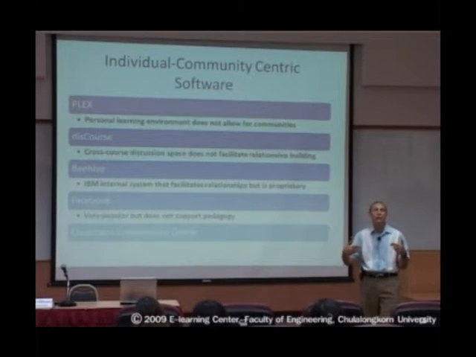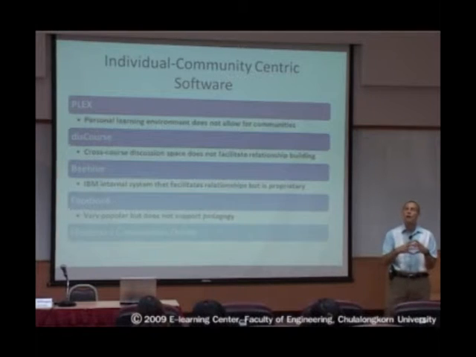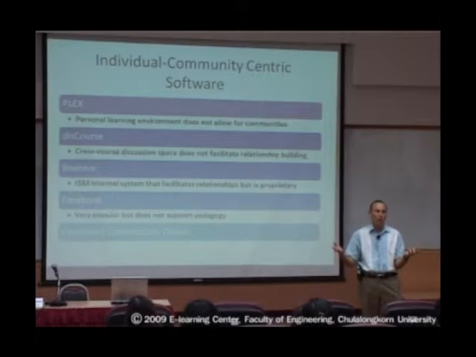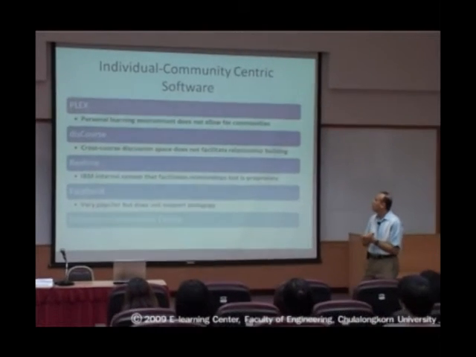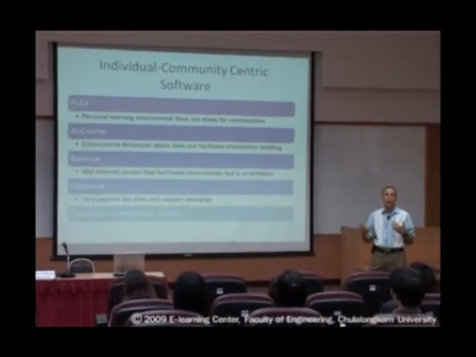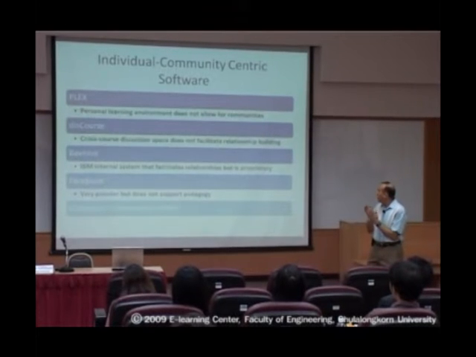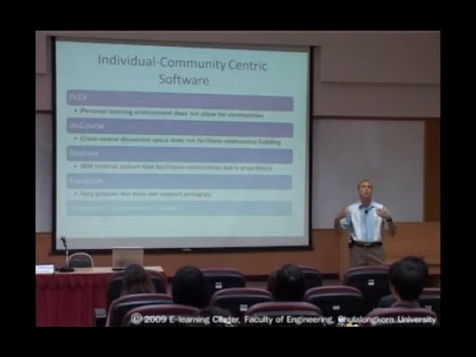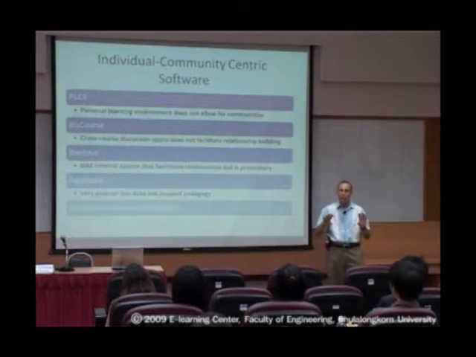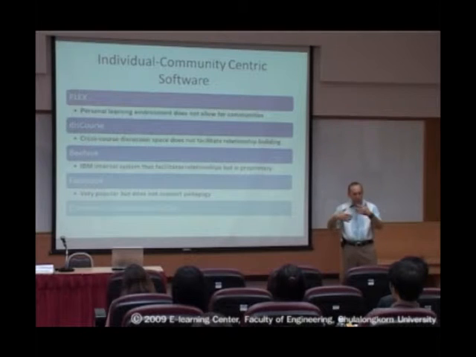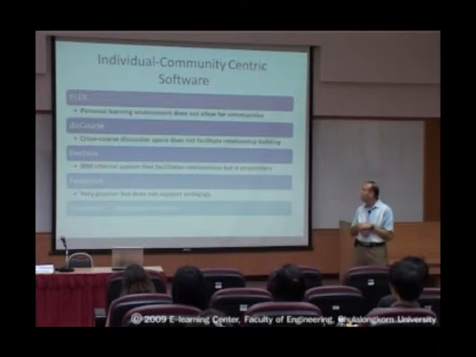People in school be able to have conversations about things that go outside of the course boundary. It's a really good innovation, but the problem is it doesn't build long-term relationships. It just allows people to discuss things, but there's no way of joining communities that may take that further.